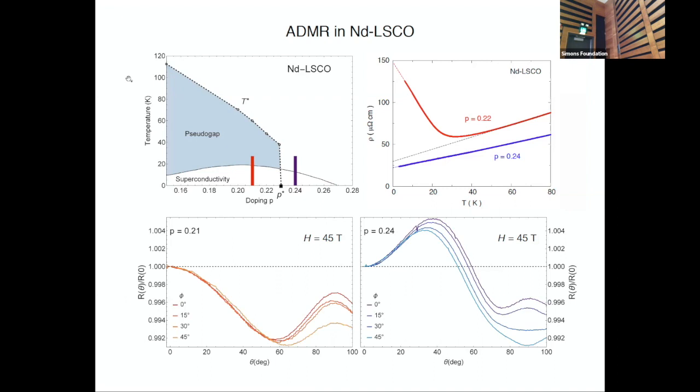So what you see immediately is that the ADMR at 24% is completely different from the ADMR at 21. So if this is telling you about the topology of the Fermi surface, then that topology changes. Okay, so we've got our hands on the Fermi surface change across this doping.